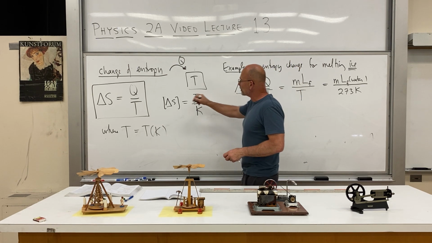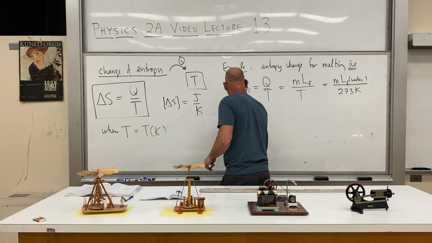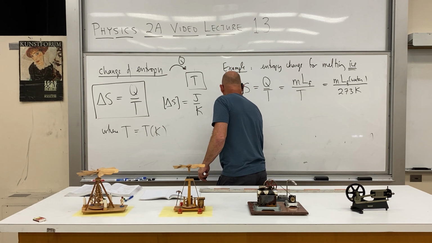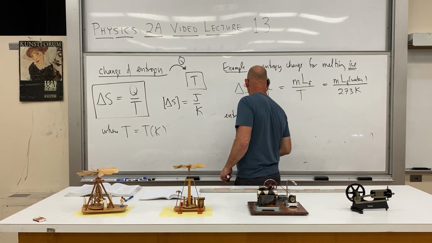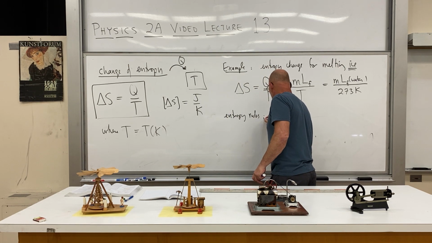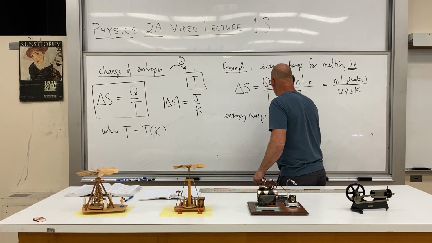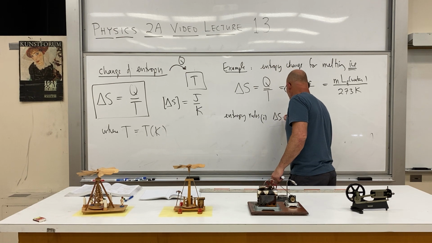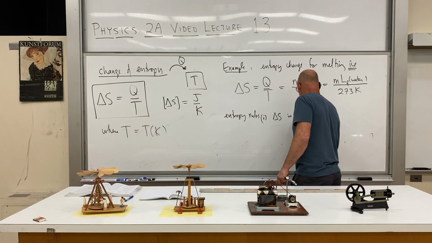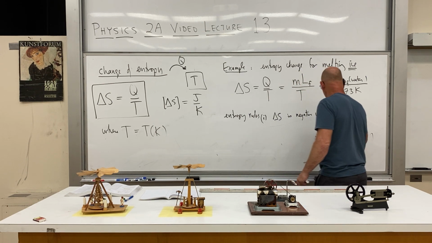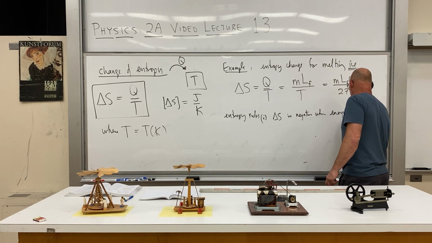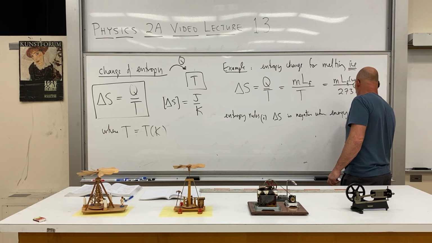Now I have to add some rules to this change of entropy. I'll just call this entropy rules. And the first one is delta S is negative when energy leaves a body.